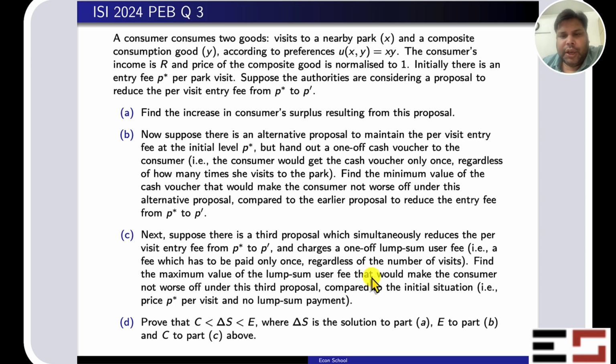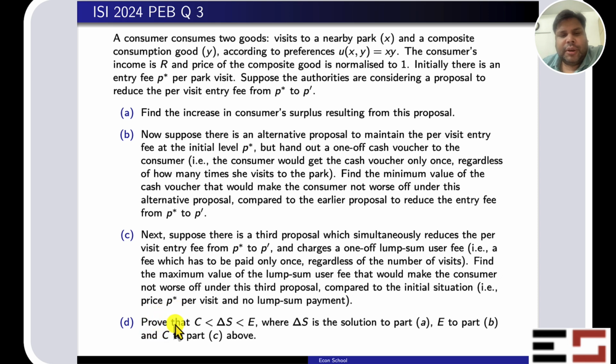So the third proposal involves reducing the price from P star to P prime, and at the same time taking off some amount of income as a user fee from this consumer, so that the consumer achieves at least as much satisfaction as he was achieving in the original situation, which was when the price was P star per visit and there was no lump sum payment.